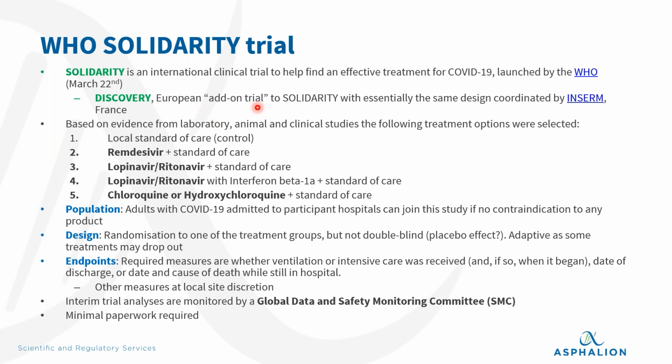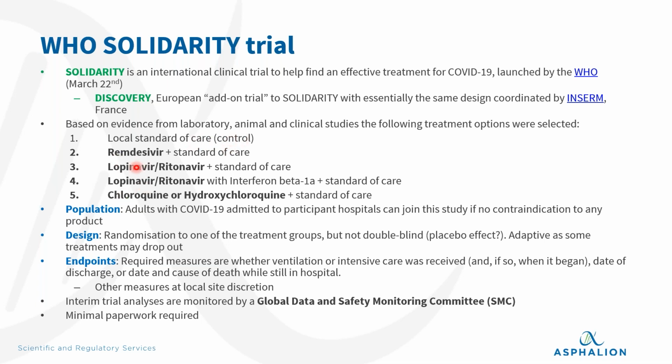WHO has done some screening in March based on the literature and some of the anecdotal evidence that's coming out. And they've identified 4 treatment arms that will be used in this protocol, and that will be compared to the local standard of care. Obviously that may differ slightly between countries, but this is the most ethical and simple way to get the trial up and running.